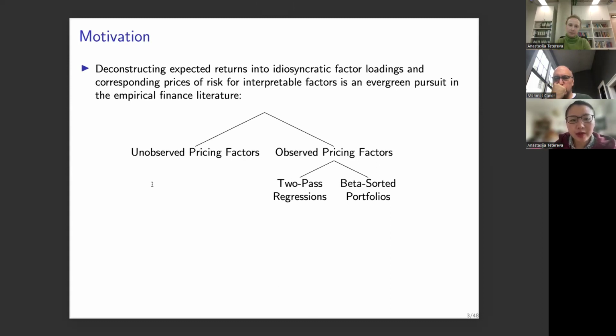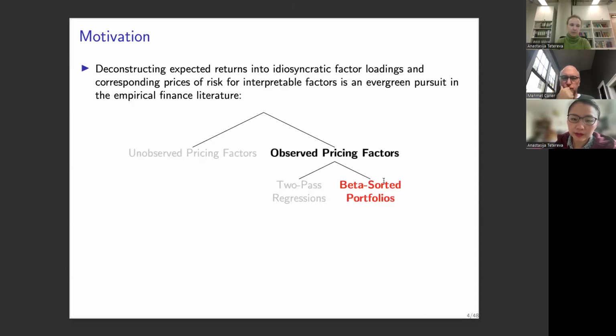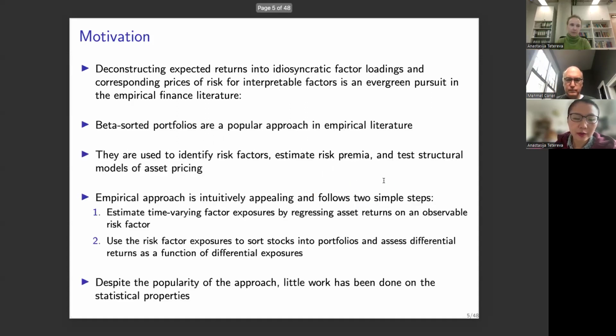The branch of literature working on this is divided into unobserved pricing factors and observed pricing factors. For observed pricing factors, typically people either do the two-pass regression, and there is also a parallel approach named beta sorted portfolios, which is our focus today.